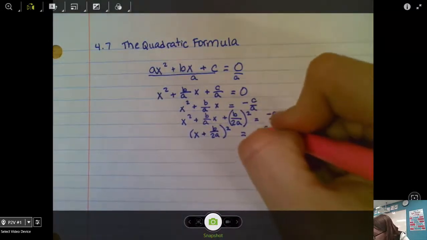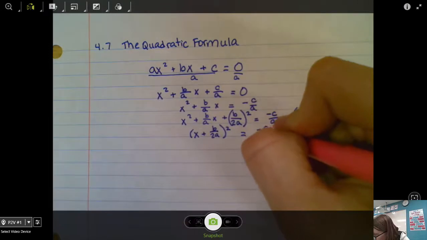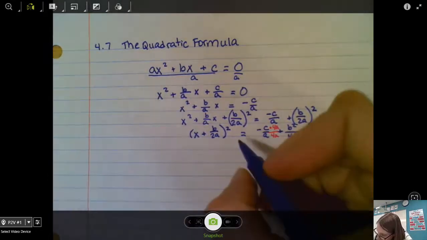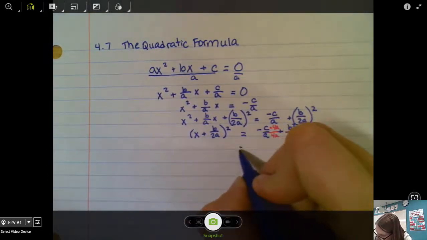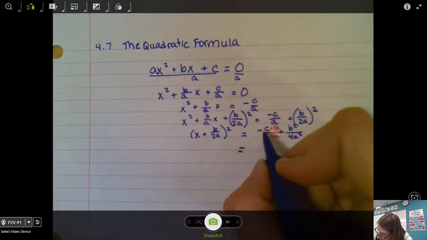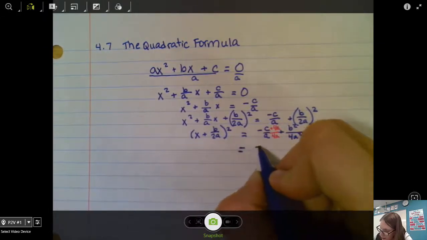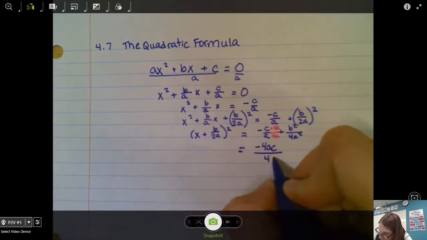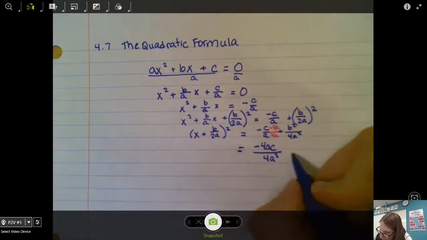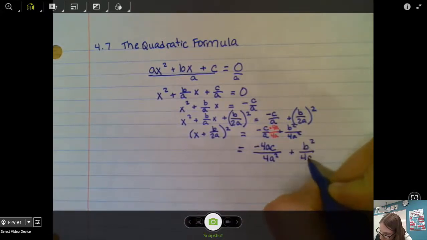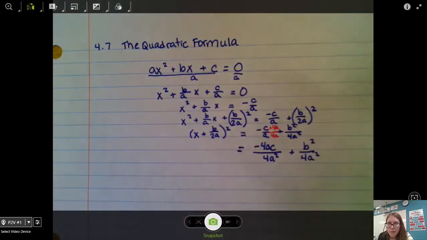I'm going to multiply the top and the bottom by 4a. That gives me, and I'm going to split this up into two parts here, negative c times 4a is minus 4ac over 4a squared plus b squared over 4a squared.